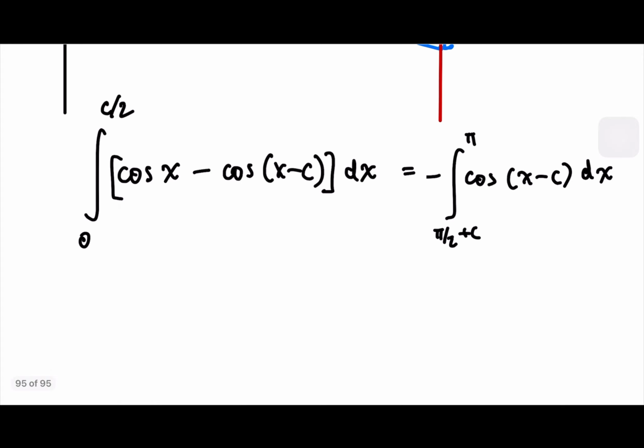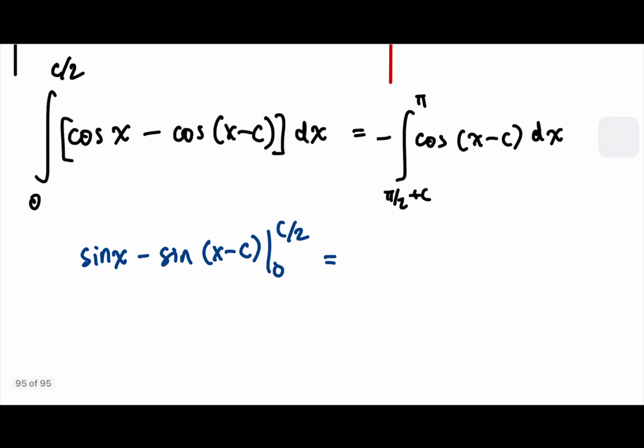We just integrate as usual. So let me integrate this. Cos becomes sine: sine of x minus c from 0 to c over 2 equals negative sine of x minus c from pi over 2 plus c until pi.